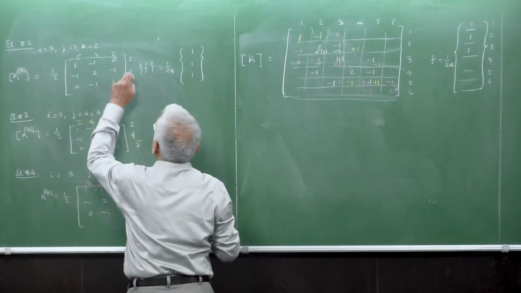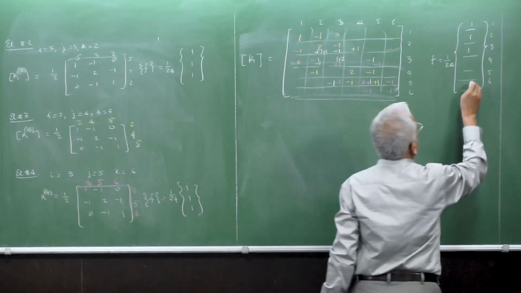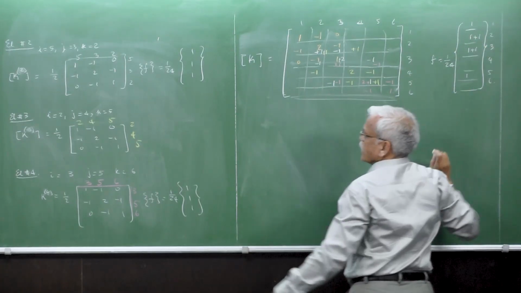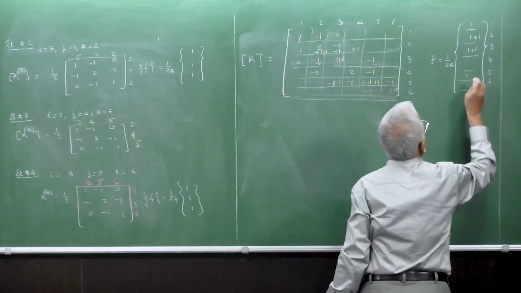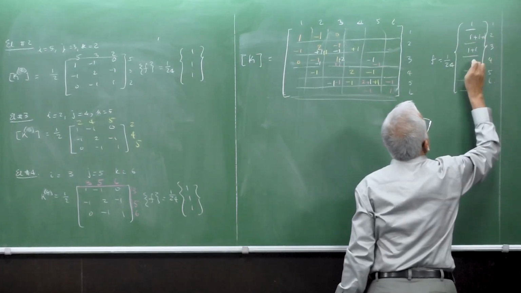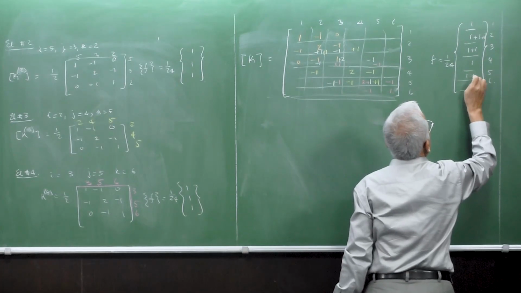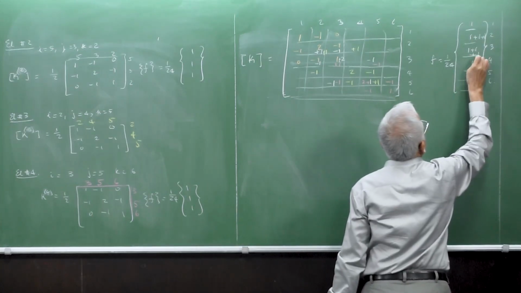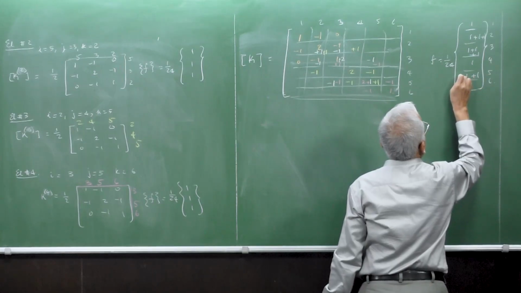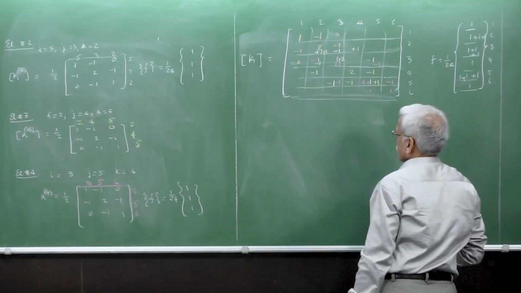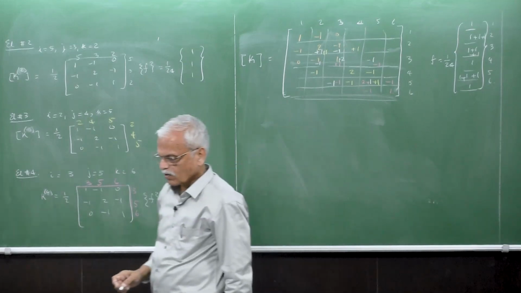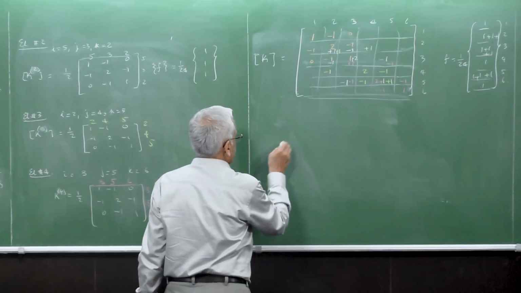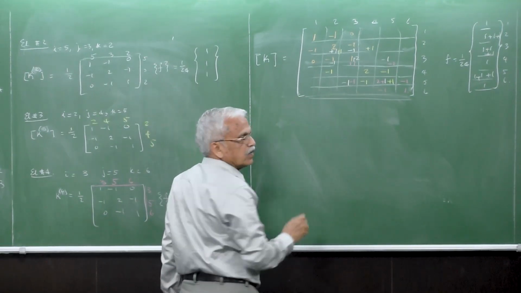And this goes to 5, 3, 2, 1 and 1 here, and this goes to 2, 4, 5, and finally it goes to 3, 5, 6 here. So the F vector is also assembled appropriately. Now the final set of equations looks like this.